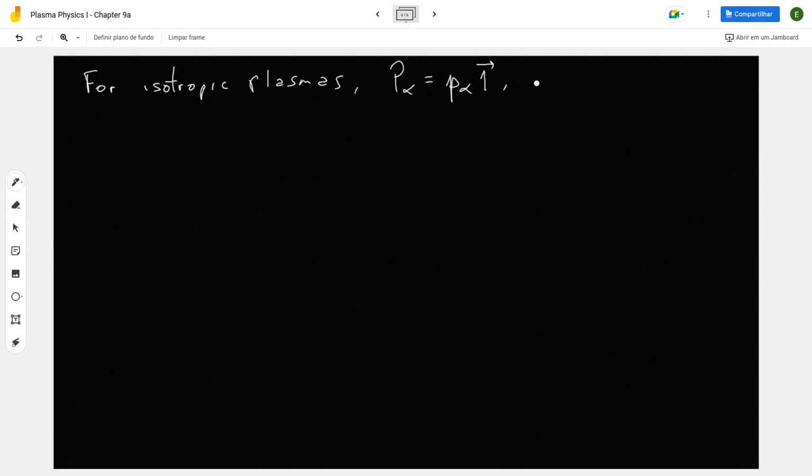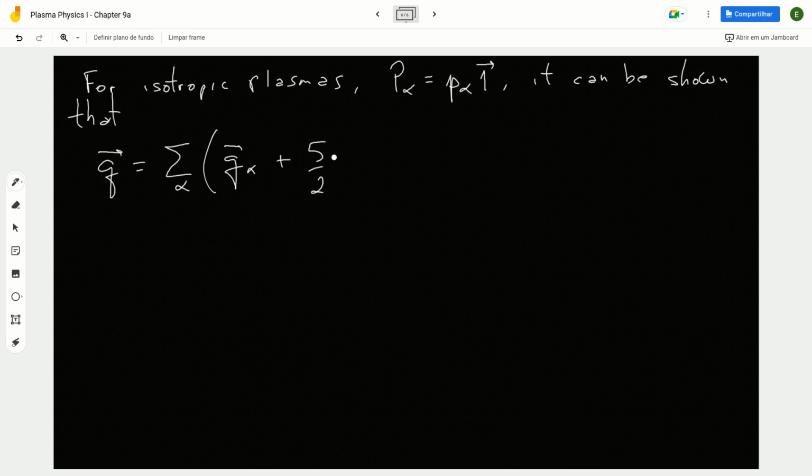So in this case, it can be shown that the total heat flow vector is equal to this: 5/2 P alpha omega, this is a scalar, plus 1/2 mass density, this square, and this.